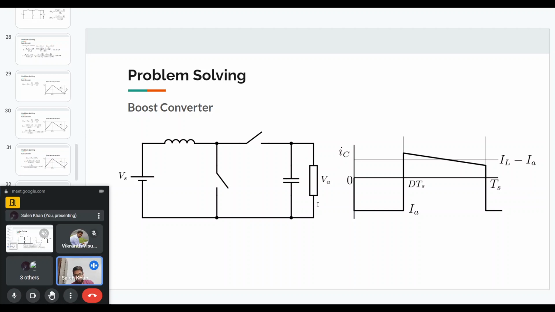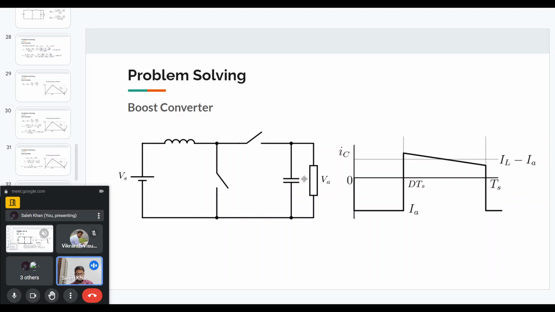For the capacitor, we have to know the current through the capacitor. So during the 0 to DTs interval, the switch which is connected between the inductor and the ground terminal is on. When this switch is on, the other switch will be off.